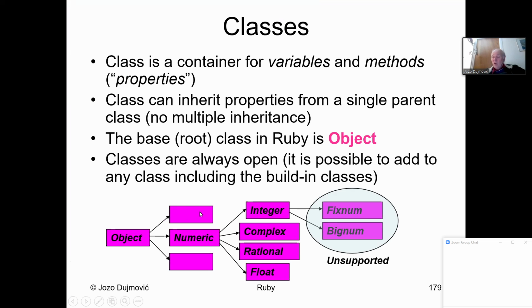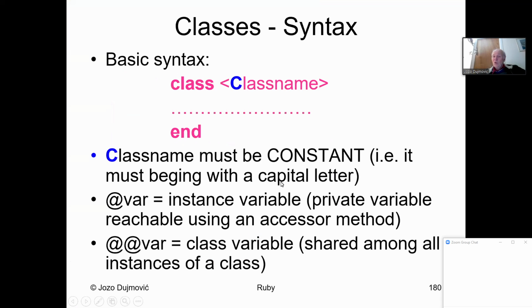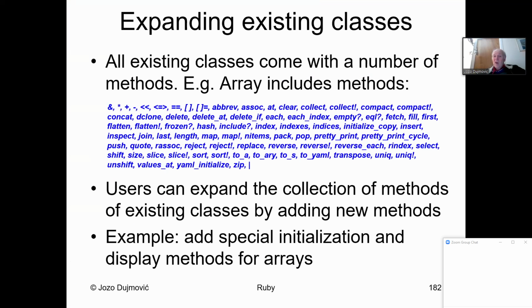And you can try to see what methods you get if you start to use some of these classes. And here is an example of the class called Array. Array is a class that includes the following methods. You can display them. And you see that you have here shift or sort or to_a, convert something to array, or convert array to_s, to string, or transpose, reverse, pretty print, etc., etc. All these methods, each of them has its properties.